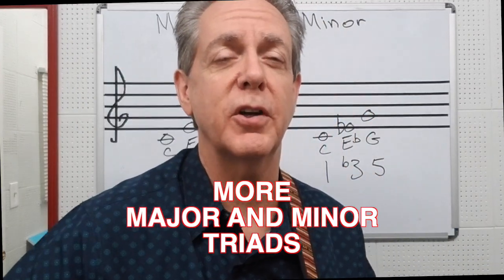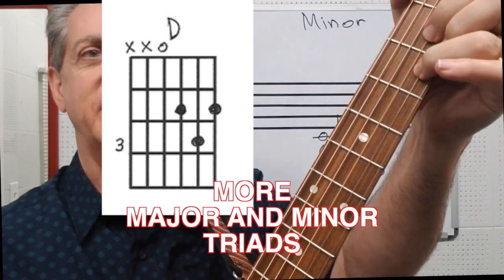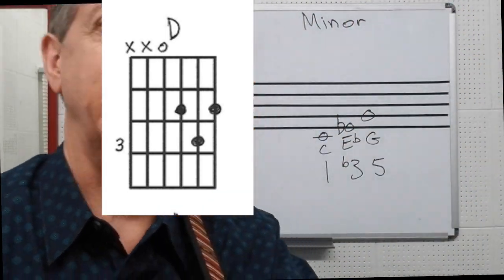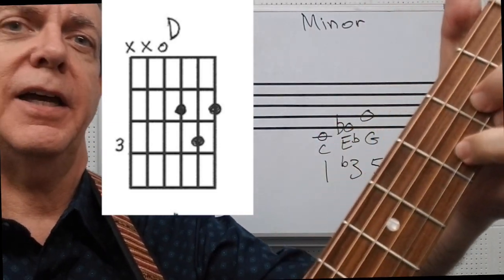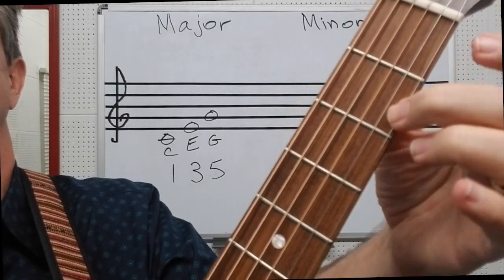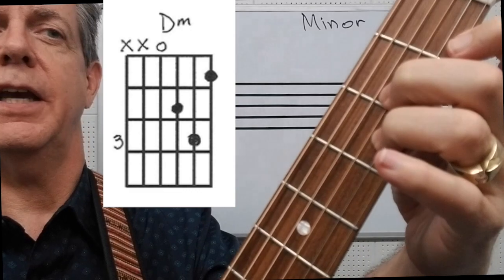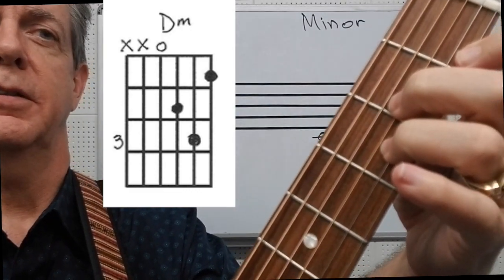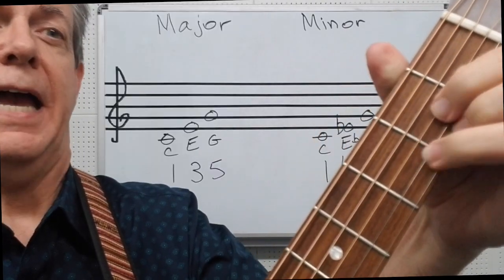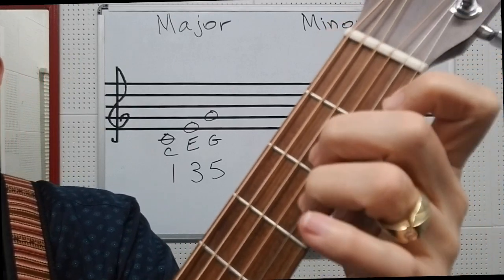Let's just take 2 more examples on the guitar. The D major triad. You've had this before, D. We're just doing the top 3 strings, okay? So F sharp, D, and A. But if you lower the 3rd, which is the F sharp, down there, now it's D, F natural, A. That's why it's D here, D major here, and D minor there.